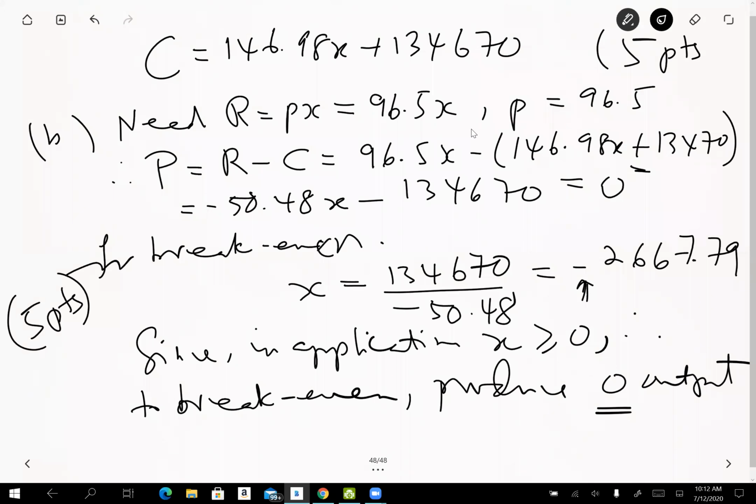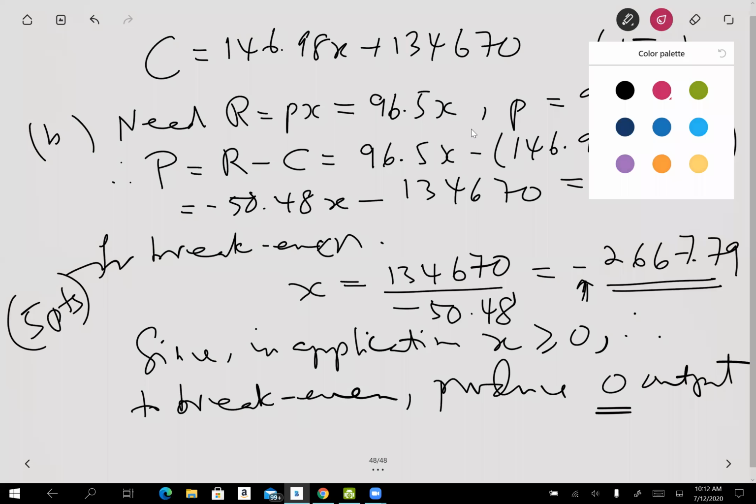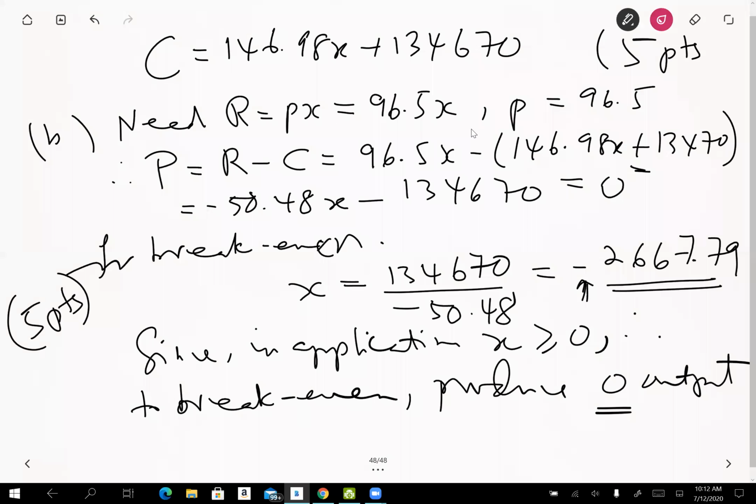Now, many people stop here. When you do this application, I told you in class, when you got the answer, you don't stop there. You have to describe that answer, that value. What is it? It's the break even. Now, what does it mean? It means that for break even, you have to produce or sell, whether you use produce or sell doesn't matter, 0 output.